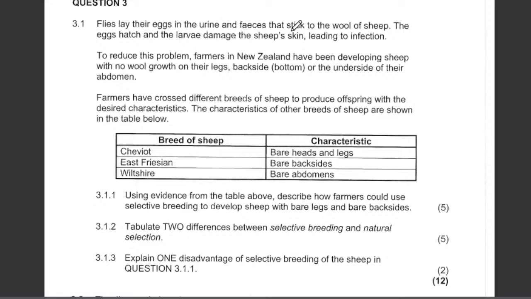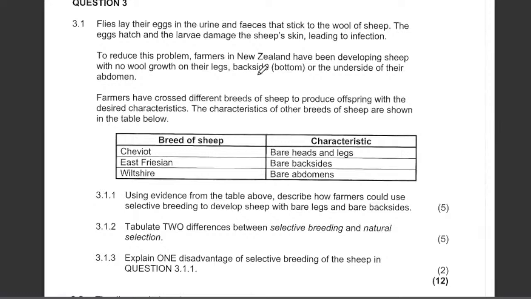Flies lay eggs in urine and fish that stuck on the wall of the what? Of the sheep. The eggs hatch and then larvae damage the sheep's skin, leading to infections. To reduce this problem, farmers in New Zealand have been developing sheep with no wool growing on their legs.